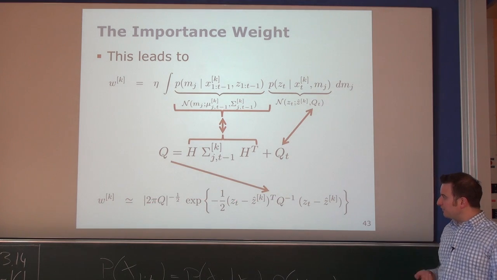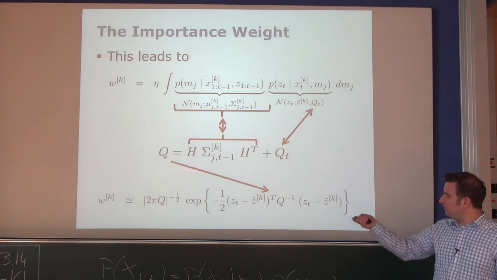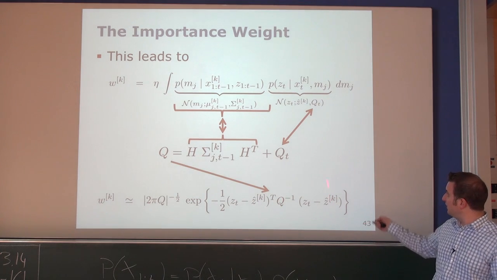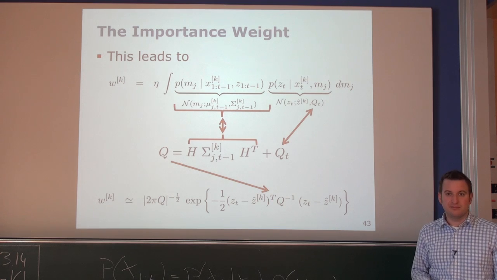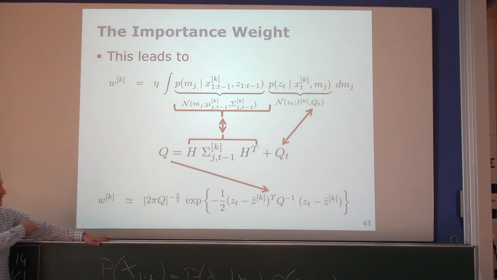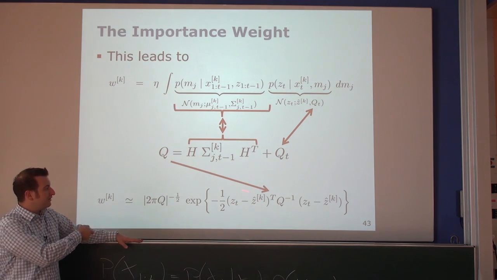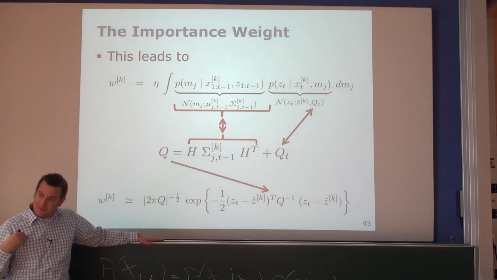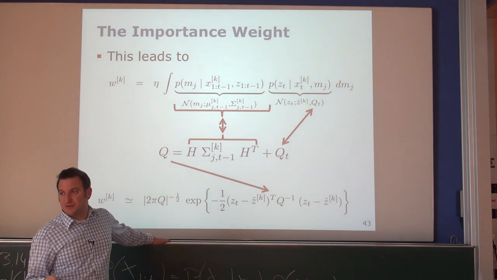This results in a Gaussian distribution where Q is exactly this measurement covariance, and here is the predicted observation. The only thing to note is that this is an approximation, it's not exact, because there's a linearization involved, so we again have to linearize the observation function, similar to the EKF.